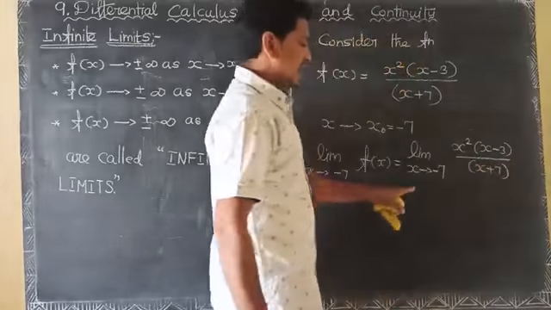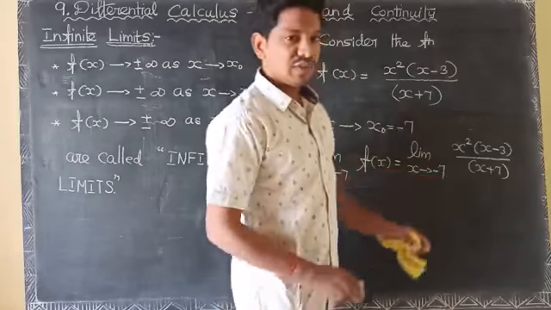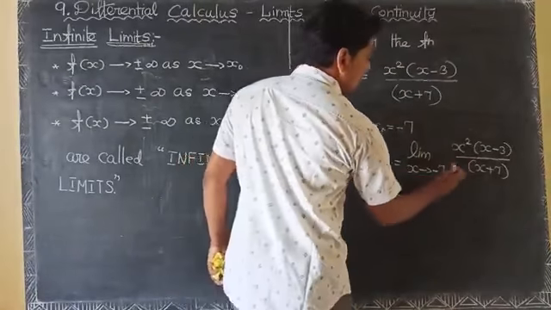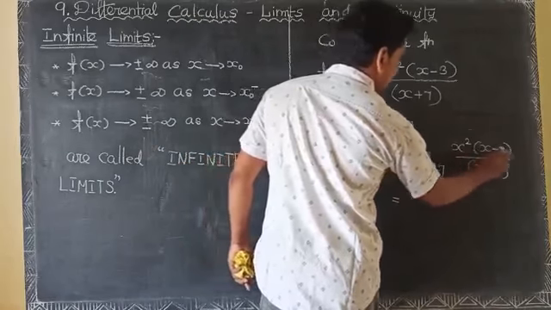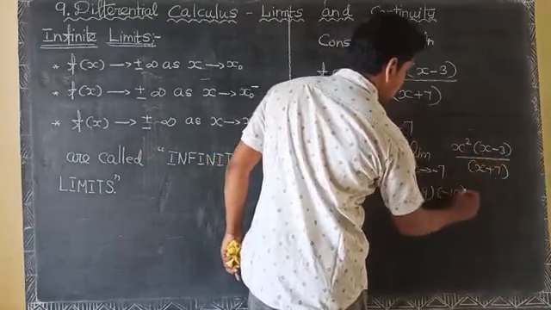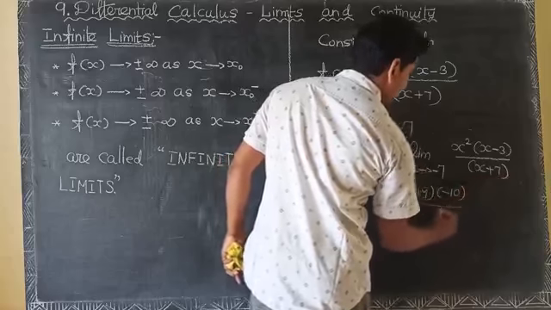Here replace x equal to minus 7 in the function: minus 7 squared is 49, minus 7 minus 3 is minus 10, and minus 7 plus 7 is 0.